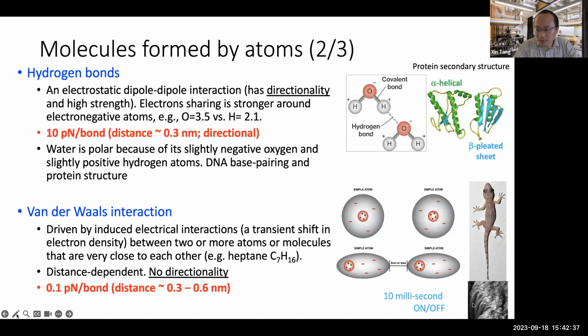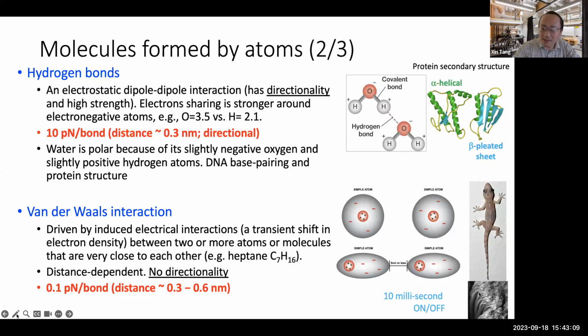One is that those fibers on the feet should be as small as possible, and we should have a large number of those fibers. By being smaller, those fibers can get closer to the wall, and then the electrical distribution on the fiber can be more easily perturbed by applying the force through the gecko's muscle.